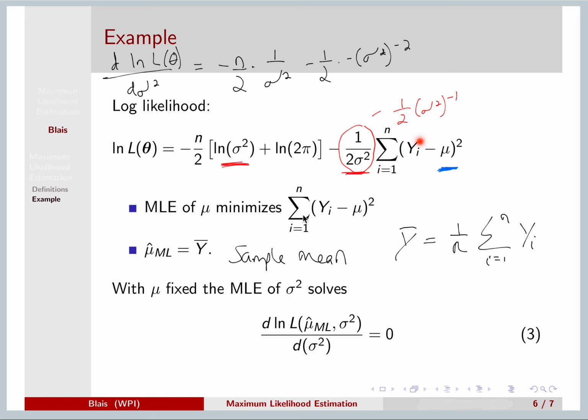And then, of course, this sum just behaves like a constant, so that sticks around. And so now we want to simplify a bit. This term will become negative n over 2 sigma square. This term will become positive 1 over 2 sigma squared times our sum.